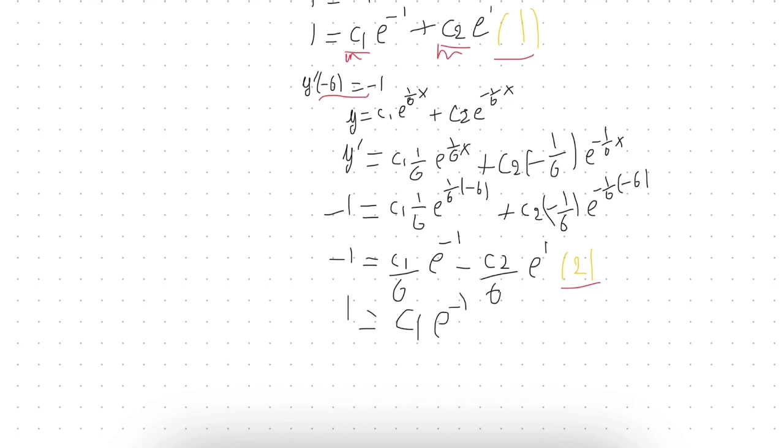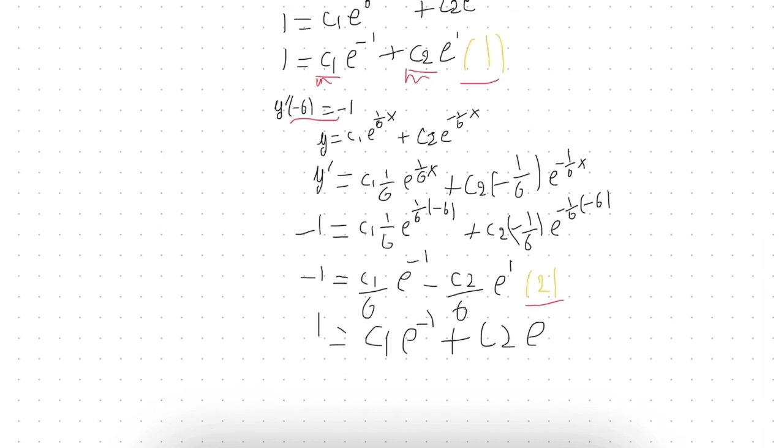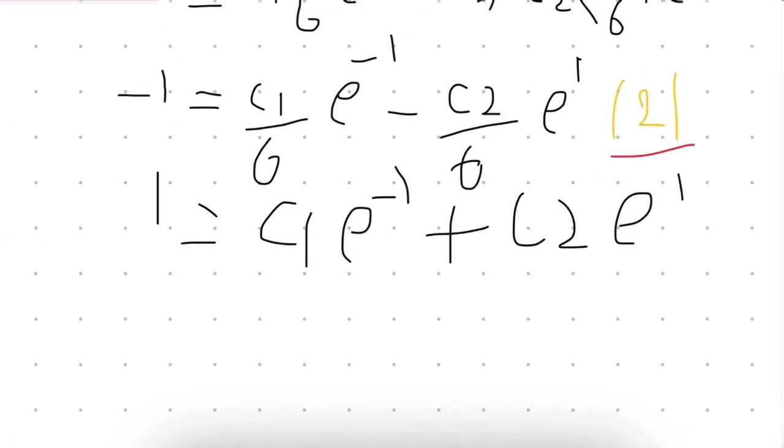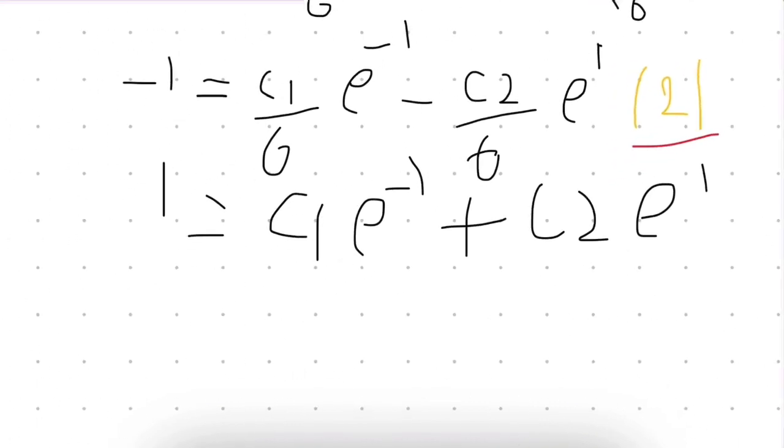C1e minus 1 plus C2e 1. We're going to want to solve a system, meaning we're going to want to add them or subtract them, and have only one unknown. So it's either going to be C1 or C2.